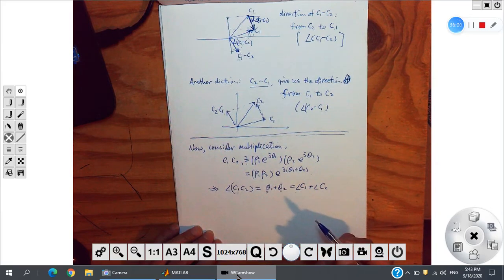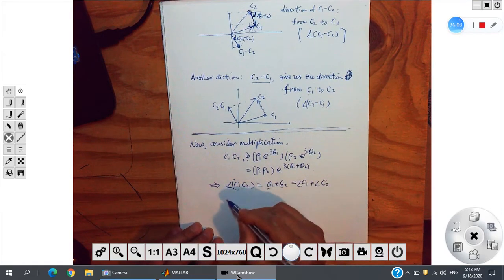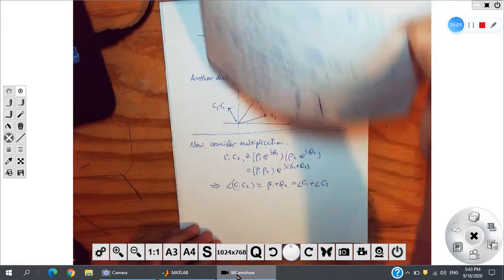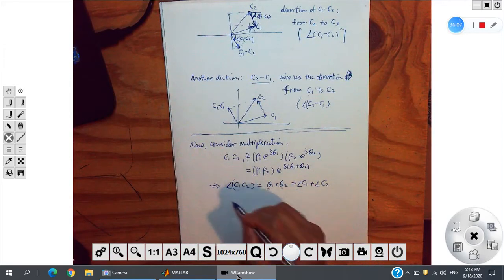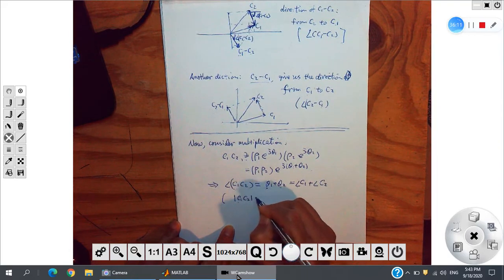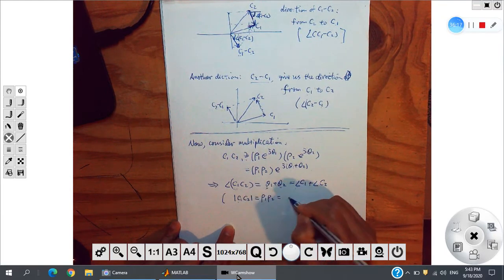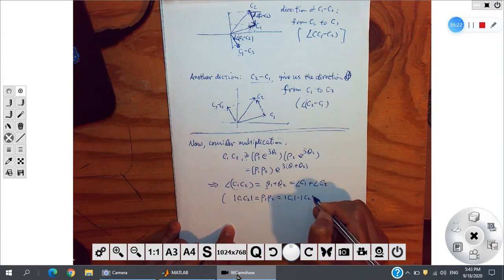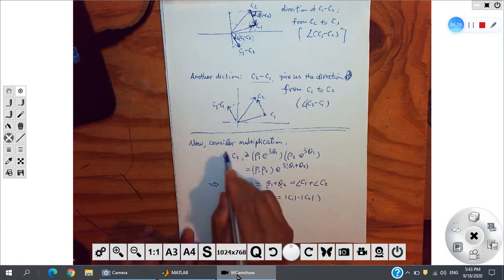And of course, at the same time, you can also get the magnitude. We know the magnitude of C1 times C2 will equal rho 1 times rho 2, which is the magnitude of C1 times the magnitude of C2. So this is for the multiplication.